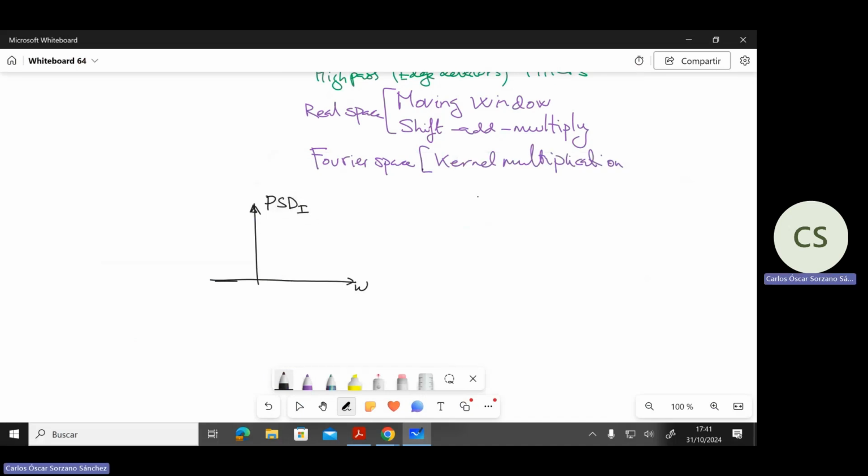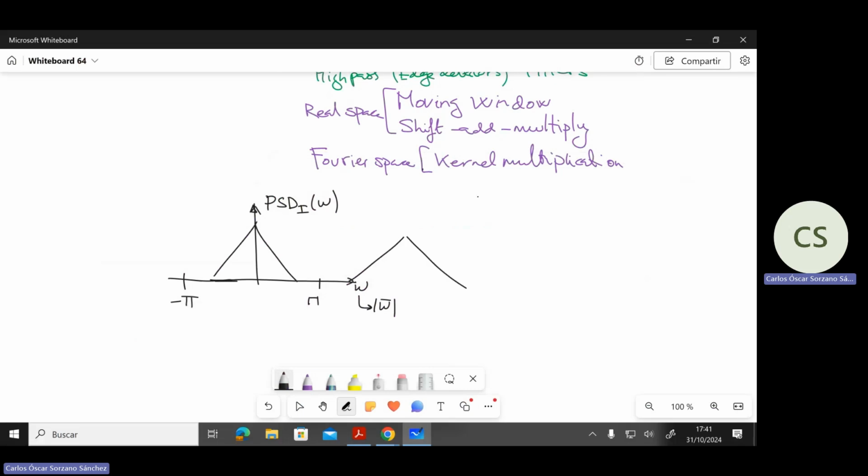So the power spectral density of I as a function of omega. Omega is the modulus of the frequency vector. Let's put names here. So this is pi, this is minus pi, and we know that this is periodic, with period 2 pi.